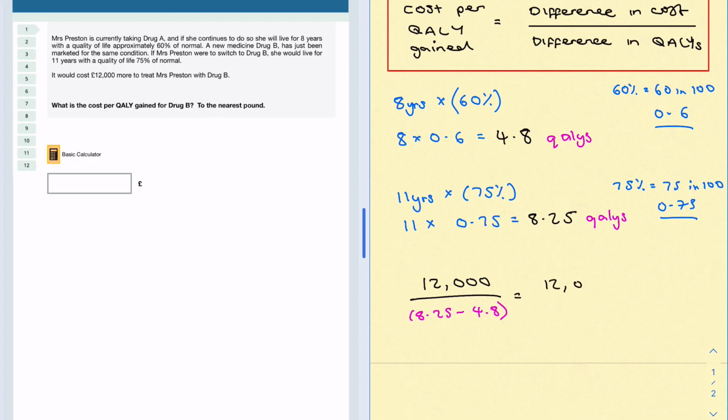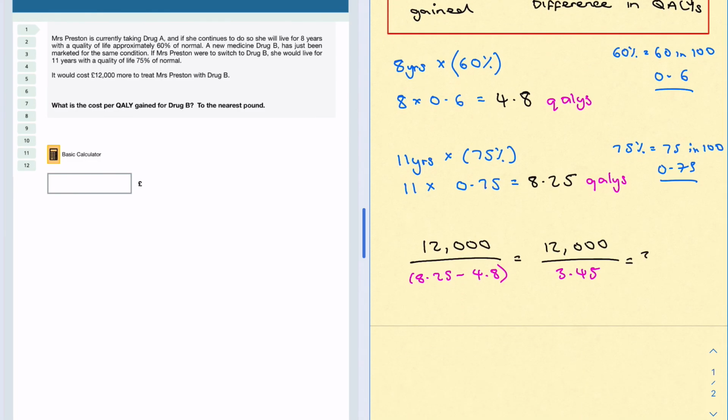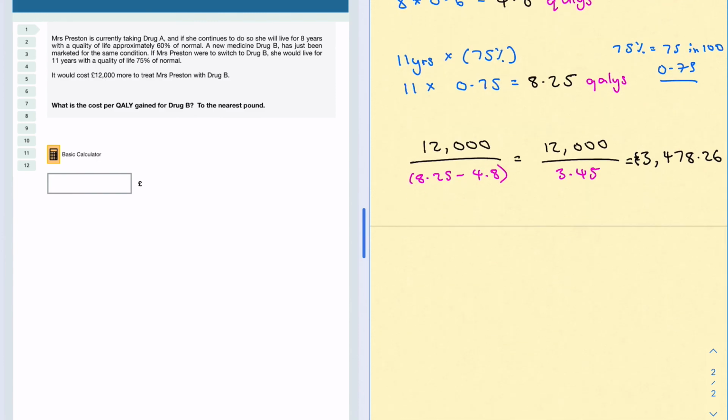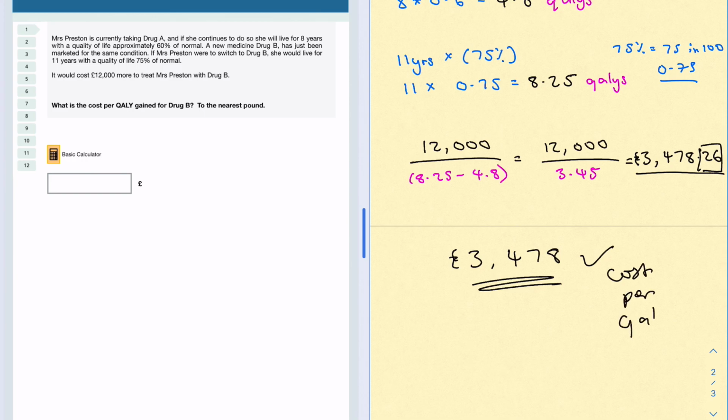So 12,000 divided by 3.45 gives us an answer, £3,478 and 26 pence. Our question asks for an answer to the nearest pound, so 26 pence would be rounded down, giving us £3,478, which is the cost per QALY gained.